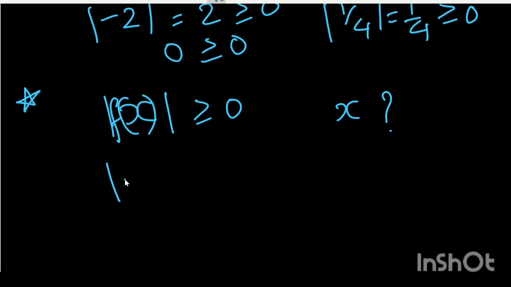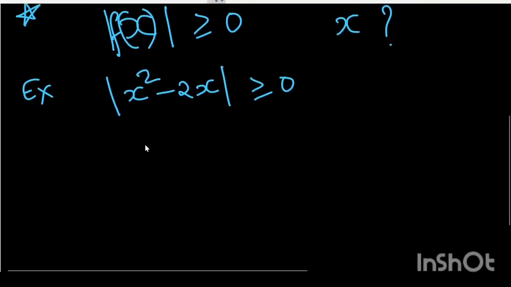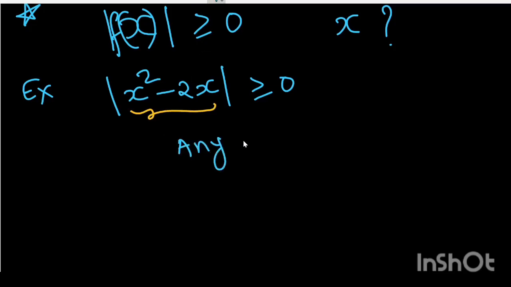So whatever their domain is, like if I ask |x square minus 2x| greater than or equal to 0, whatever x we substitute doesn't matter, it will satisfy. So we can say any x belonging to the domain of the function, whatever value we can substitute in the function. We can also say that all x belonging to R.